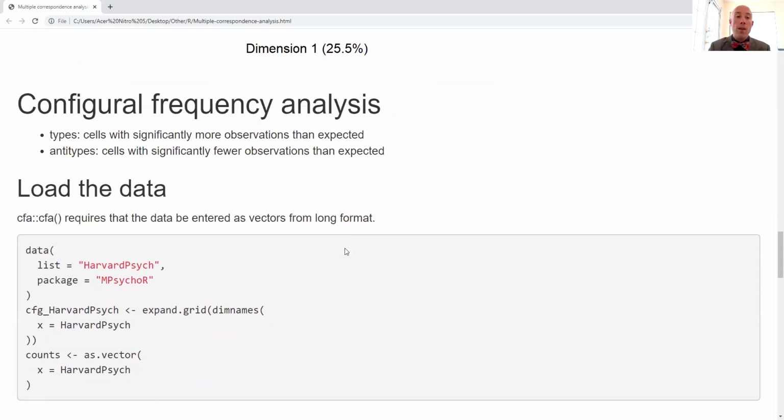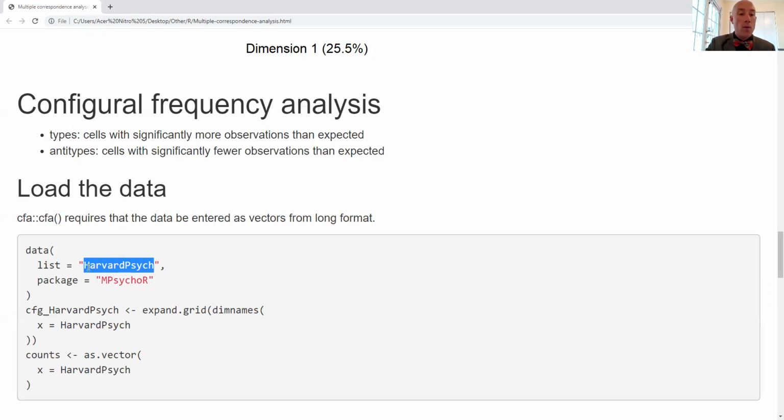Now, configural frequency analysis: this is very similar to the chi-square test, but we're looking at the residuals, at where we have more than expected on our counts and where we have less than expected. Okay, so let's go ahead and take the Harvard psychology data set. This takes psychology professors' profiles from the websites and makes a document term matrix from the information after doing some text analytics to clean up the data.